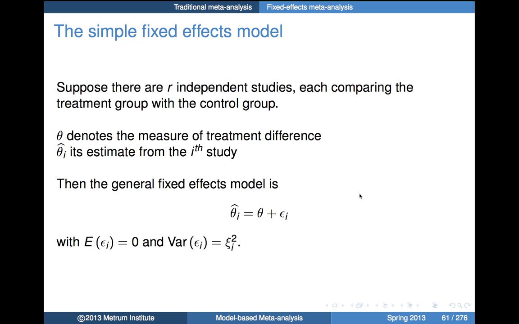In that case, the general fixed effects model simply says that the theta hat i's are equal to the average effect theta plus some error term epsilon i, and that the expected value of epsilon i is 0, and that the variance of epsilon i is psi i squared. And that's it. That's the model.